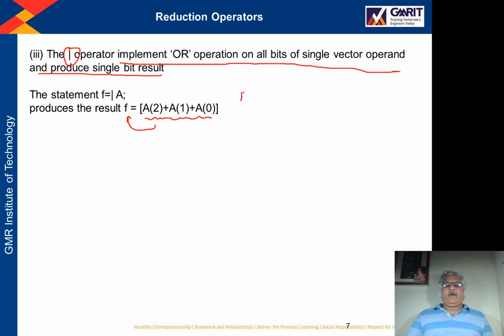So let us assume we are having the value of A is equal to 1, 1, 0. So if we write F is equal to vertical bar A. This vertical bar A is having only one operand. This means that this vertical bar is a reduction operator.